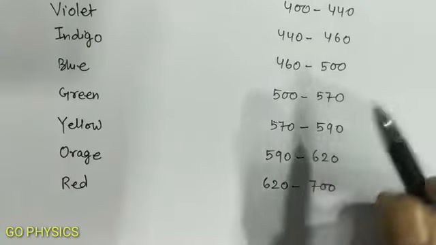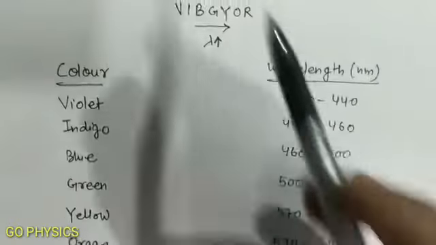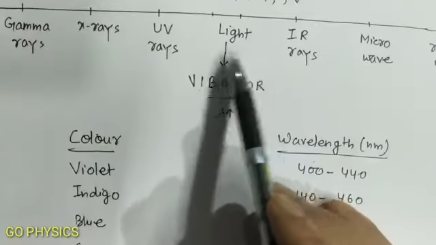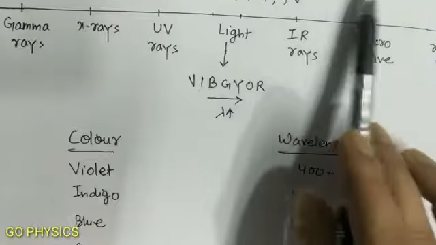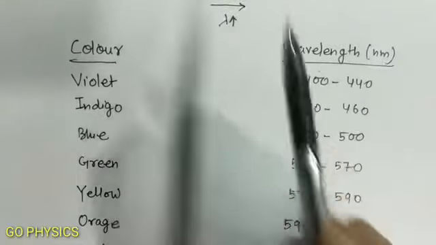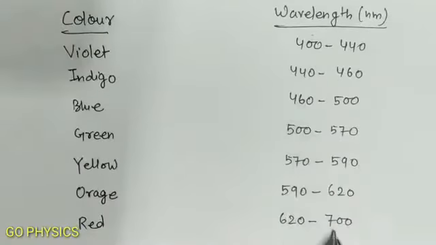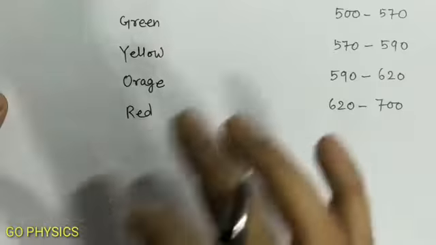And therefore we define light or white light as that part of the electromagnetic spectrum having wavelength from 400 nanometer to 700 nanometer.